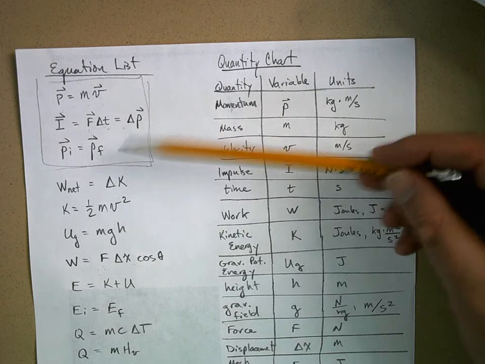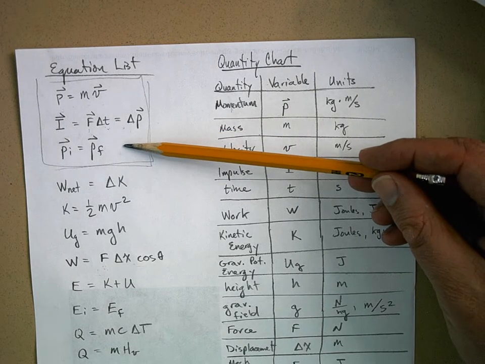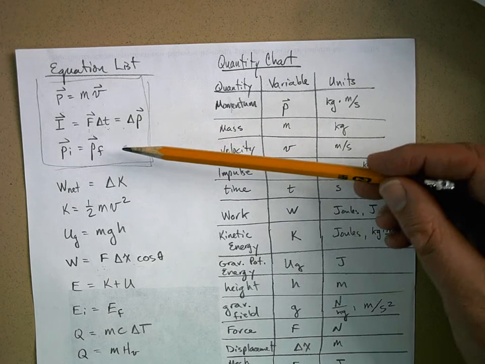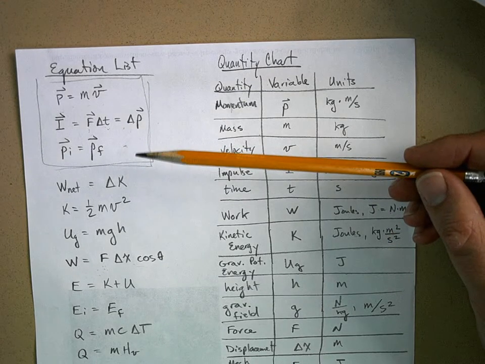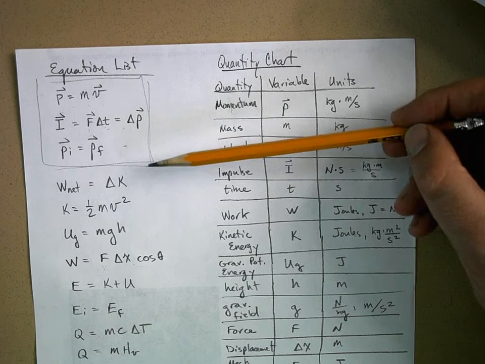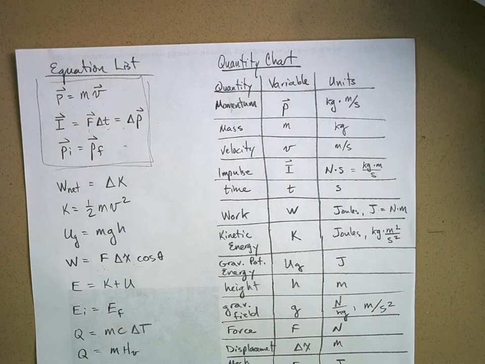Now, in another situation, you'll have situations like collisions or explosions where momentum will be conserved during that. Now, that's the key idea, is to know when you read a problem or read a question, you have to ask yourself, what situation am I looking at?